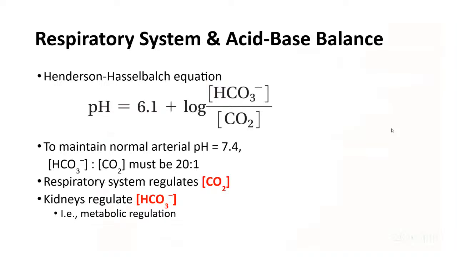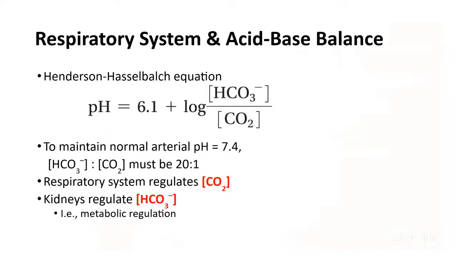Okay. So here's our technical equation for how we would calculate pH. I'm not going to make you calculate pH, but we want to be able to think about this ratio, because that ratio that we see within the Henderson-Hasselbalch equation is what we're going to be trying to regulate. If we want to keep the pH of our blood at around 7.4, we've got a range of 7.35 to 7.45.